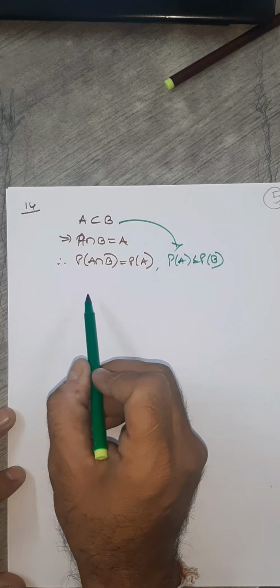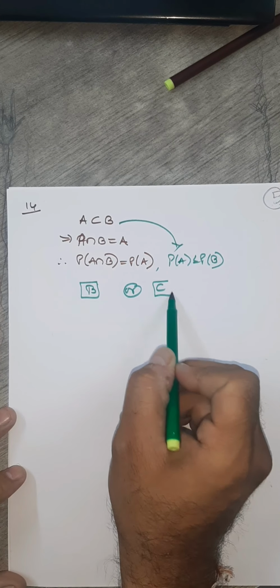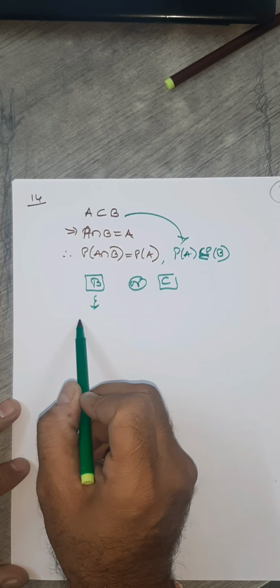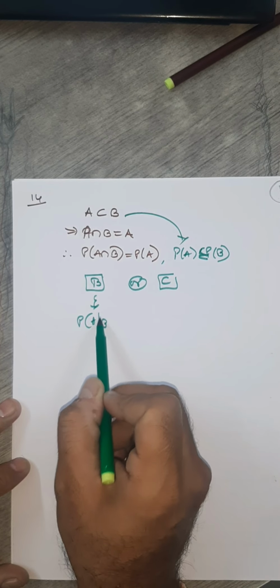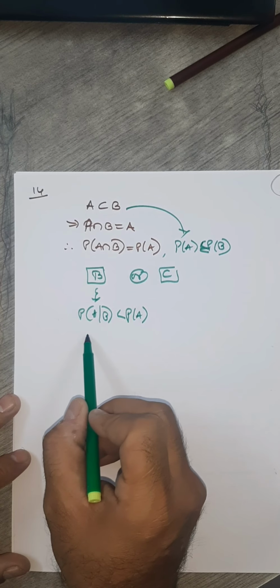So it's obvious that either option B must be true or option C must be true because you have an inequality here. Now if you try option B, there you have this conditional probability less than P of A. Now what is this?